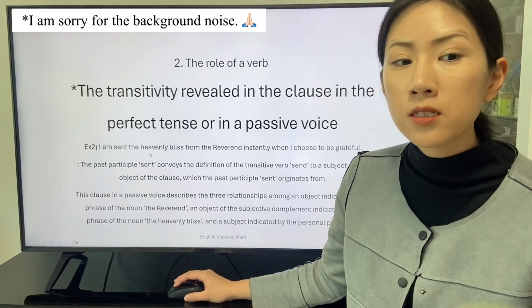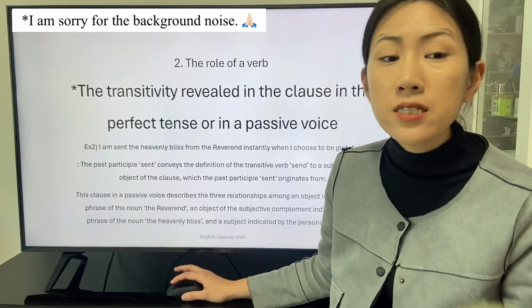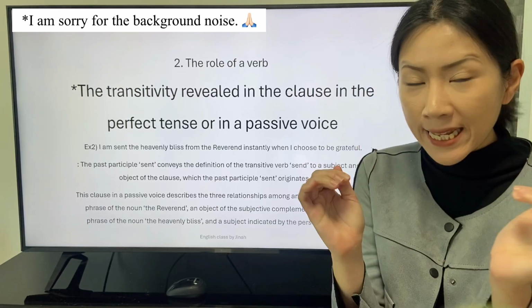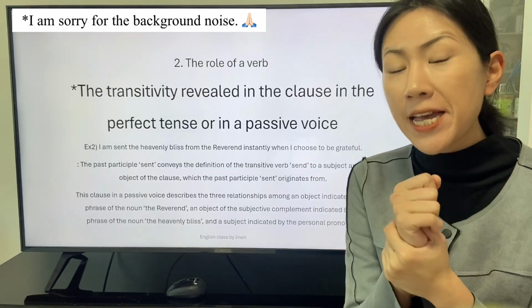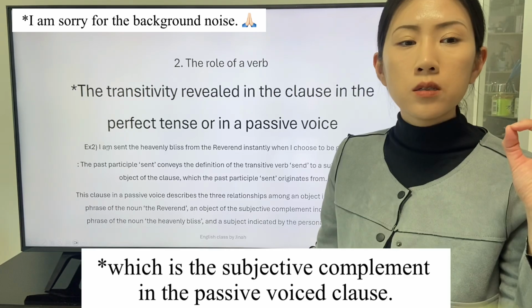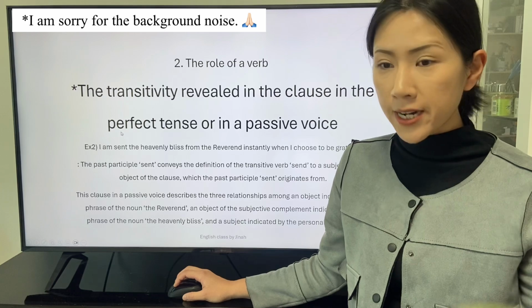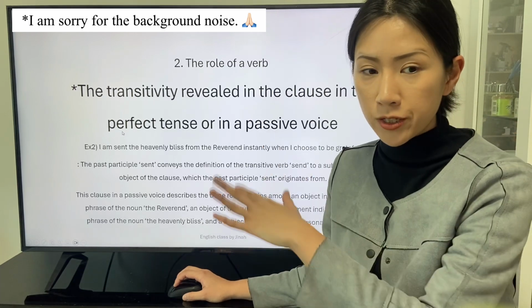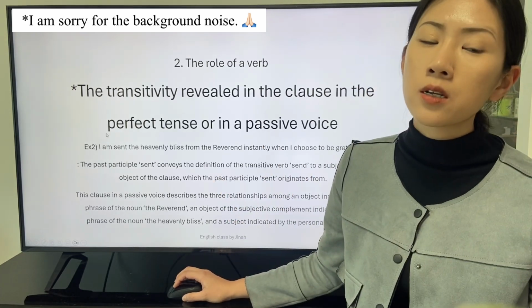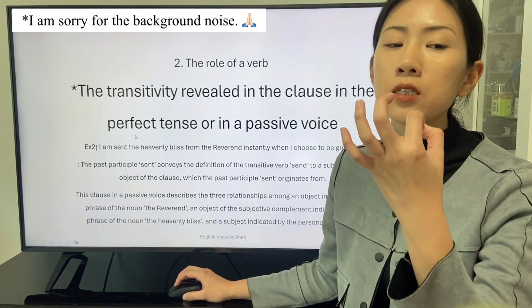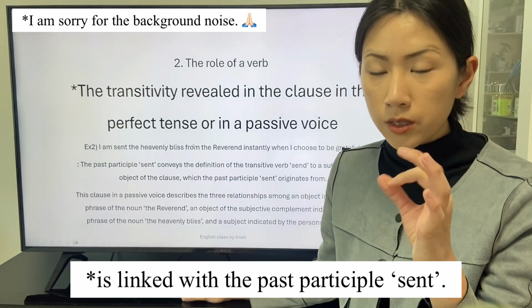The object, the heavenly place, is an object which gets the definition of the past participle sent. The subject and the object relationship between the subject, I, and the object, the heavenly place.